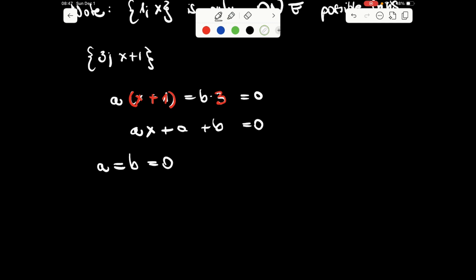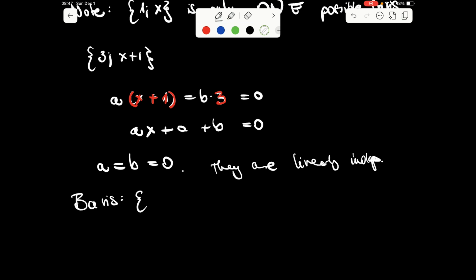So they are linearly independent. So they form a basis. So we have a new basis, 3 and x plus 1.